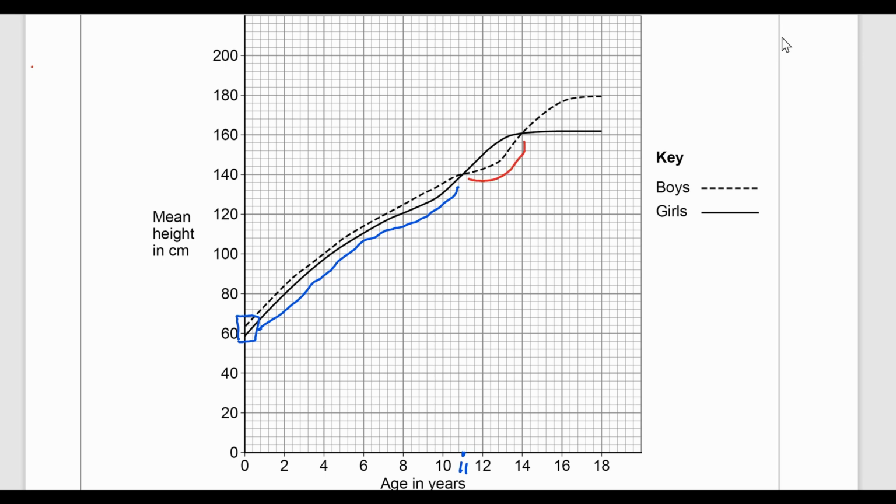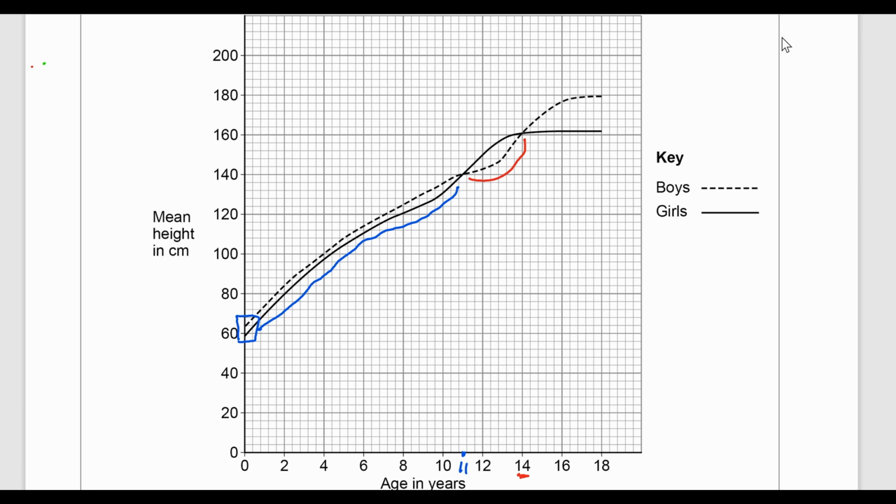But where does that go up to? We can see that that goes up to age 14. So between 11 and 14, girls are taller than boys. But what happens after 14 years? Well, at 14 years, you can see that the lines cross over again. So that means that they're the same height also at 14 years.